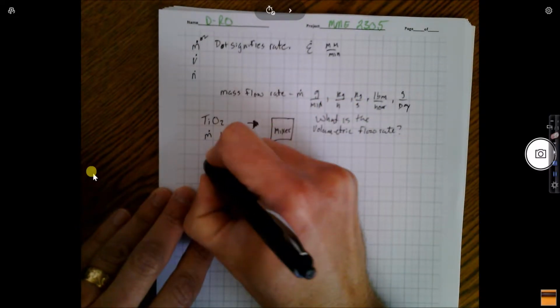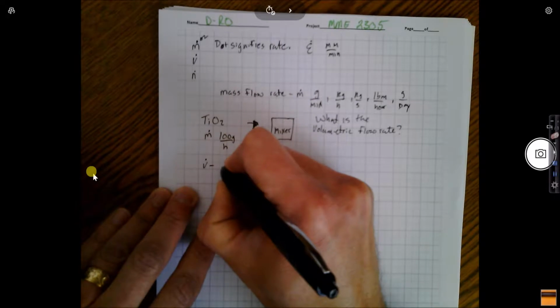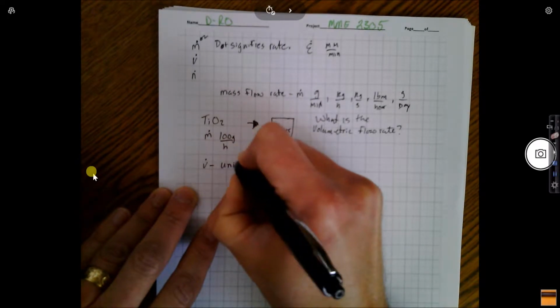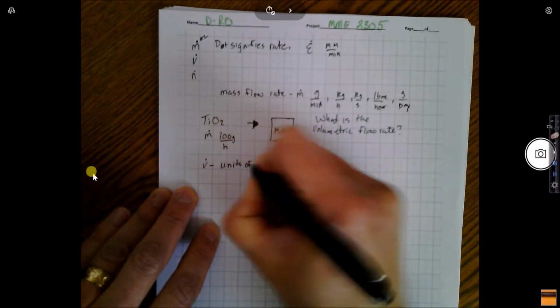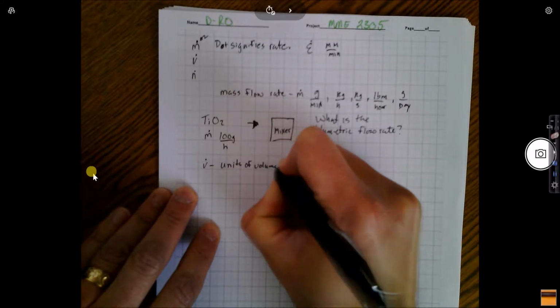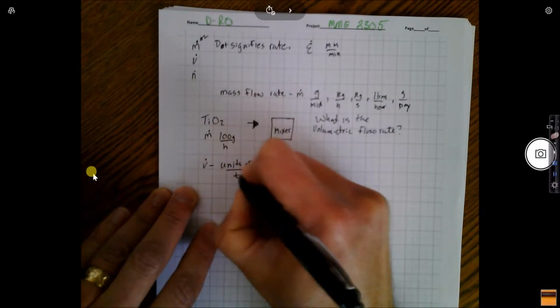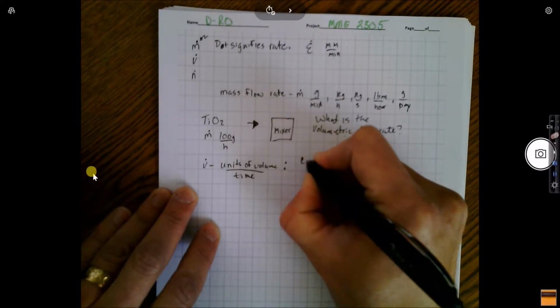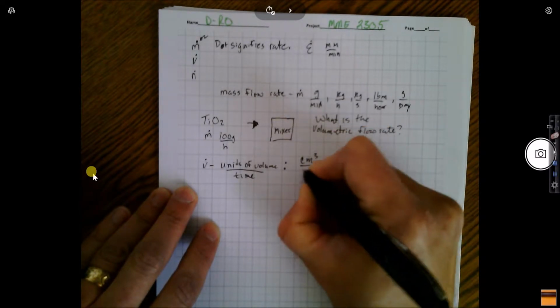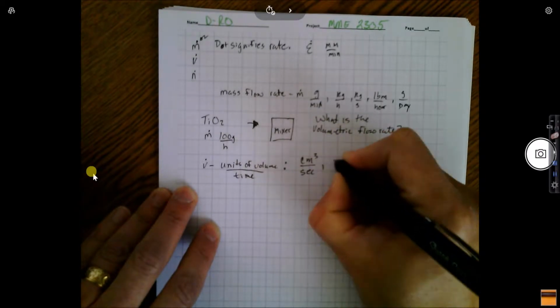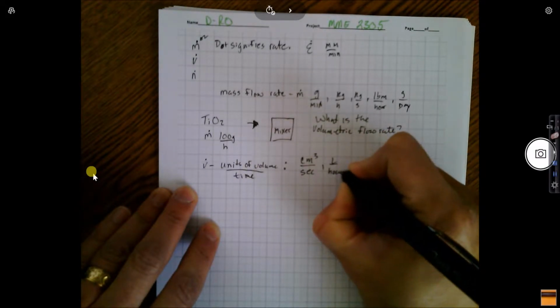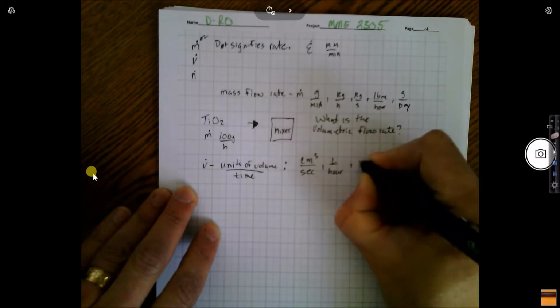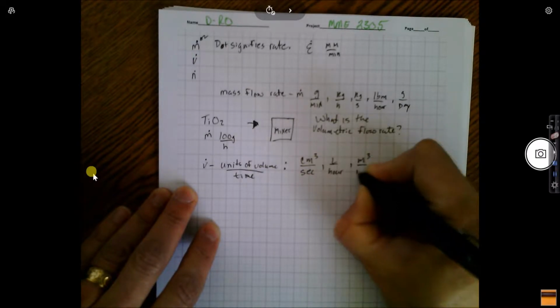Let's take a quick look at volumetric flow rate. Volumetric flow rate is units of volume per units of time. An example of that would be centimeters cubed per second, liters per hour, meters cubed per minute.